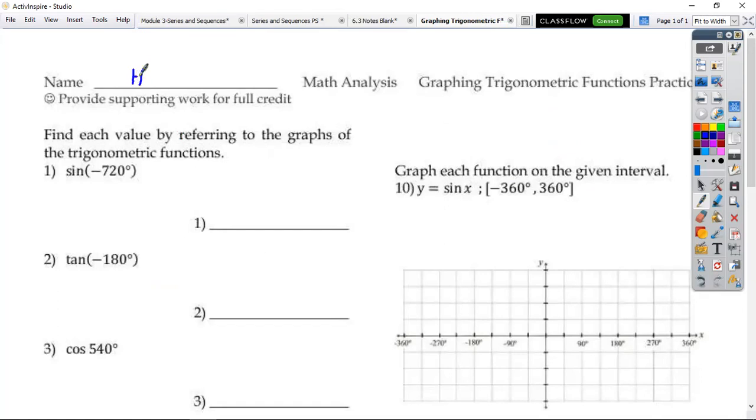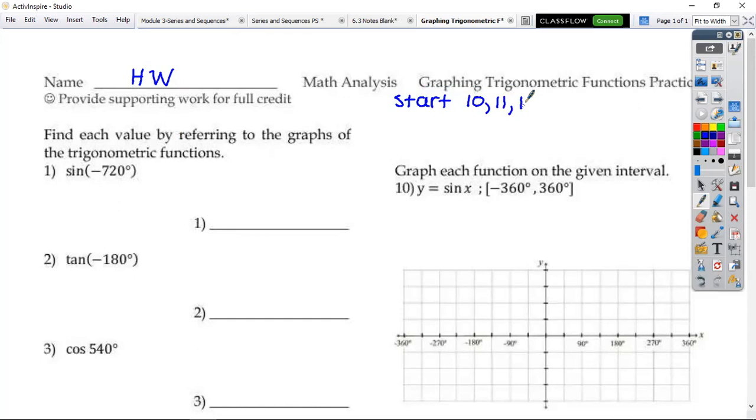What you should absolutely do is start with 10, 11, and 12 first so that you can get the answers on the left-hand side by looking at the graphs. So please start with 10, 11, and 12.